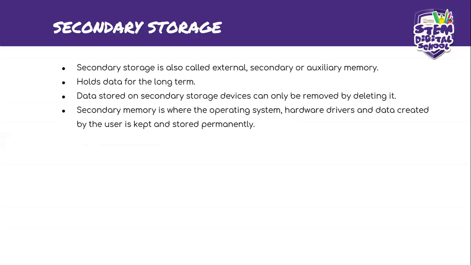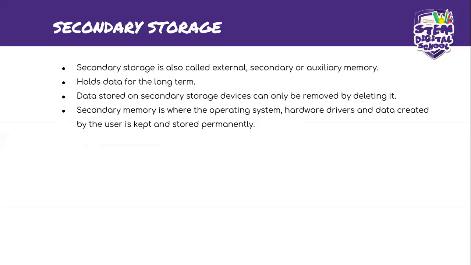Unlike the primary storage, where once the computer is off, the data is gone, the secondary storage data is saved for a long time. The only way that this data can be removed is by deleting.